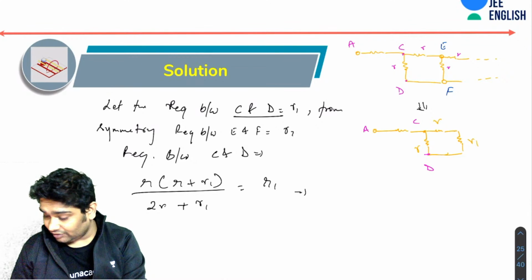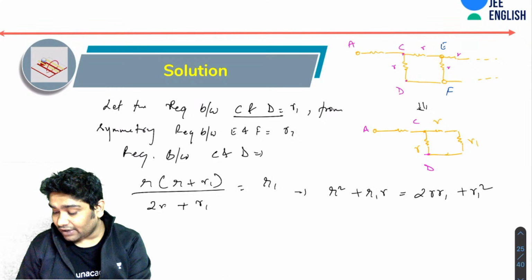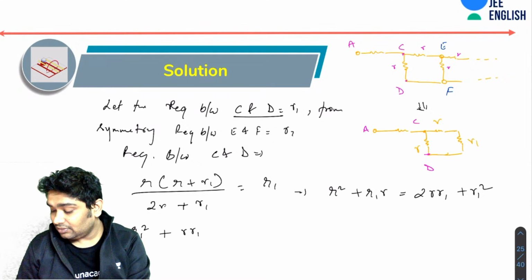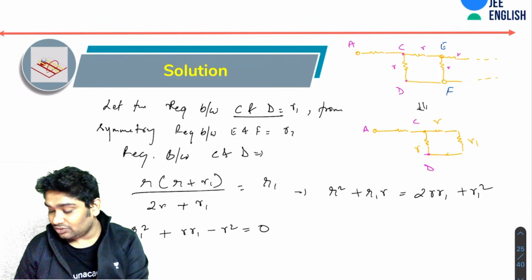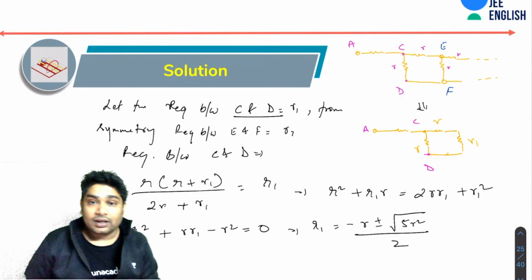So from here I would have gotten R square plus R1R equals 2RR1 plus R1 square. The quadratic I should have gotten was R1 square plus RR1 minus R square equals 0. So from here I would have gotten R1 as minus R plus minus root 5 R square over 2.